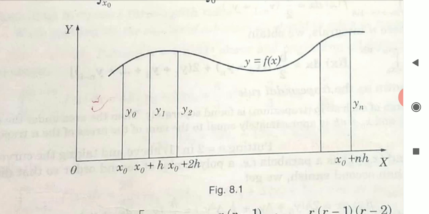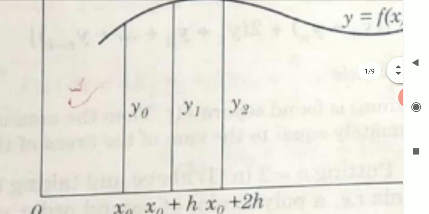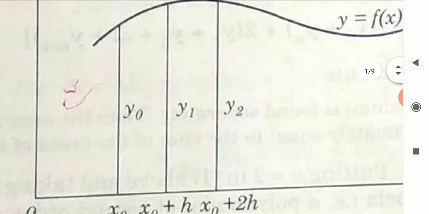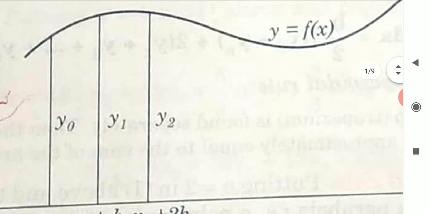Okay, so when you draw a straight line at the points y0 and y at x0 plus h, you will get a trapezium here. Similarly, when you take x1 and x2 points, you will get y1 and y2 joined by a straight line, so another trapezium will be there.